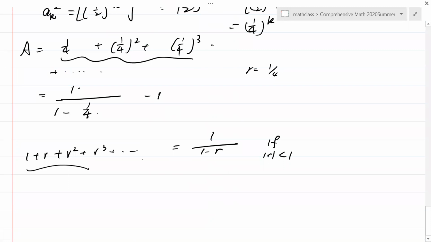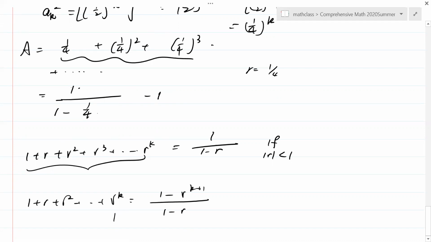Okay, let me repeat this again. First of all, you have only r to the power k, right? So that is 1 minus this over 1 minus r. But you let both sides go, k goes to infinity. And on this side, k goes to infinity.